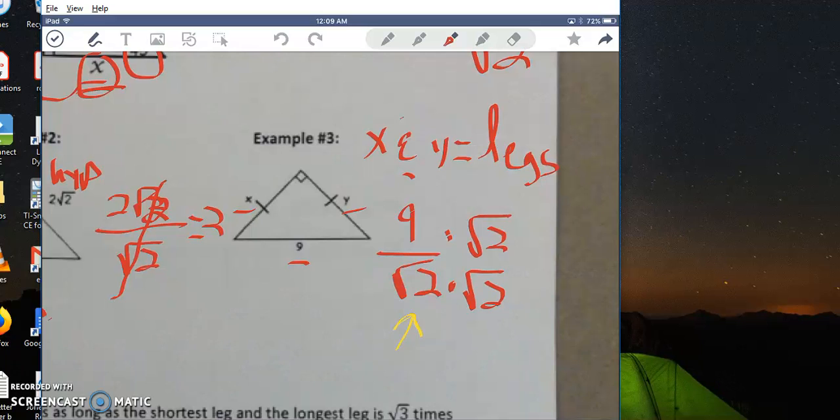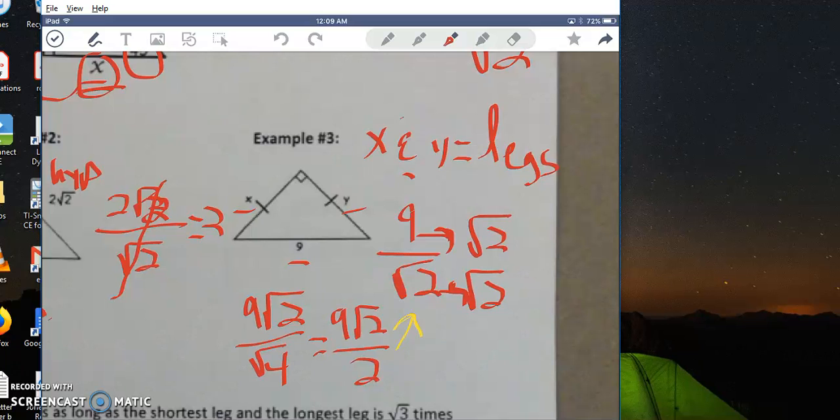What we do to the bottom, we must do to the top. It's got to be equal. Okay? So we multiply straight across. 9 times radical 2 is 9 radical 2. Radical 2 times radical 2 is radical 4. So then we have 9 radical 2 over the square root of 4, which is 2.